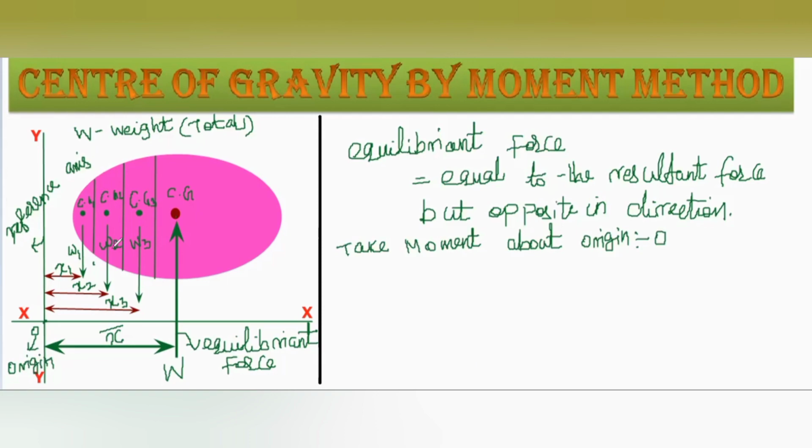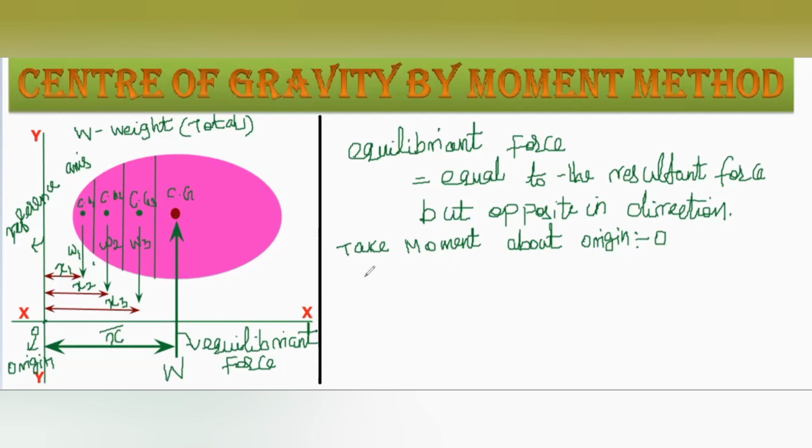So the moment made by the small weights, or weight of the small areas, will be acting in the clockwise direction. The summation of the clockwise moments made by the small weights will be compensated by the moment made by the equilibrium force, that is W into X bar.